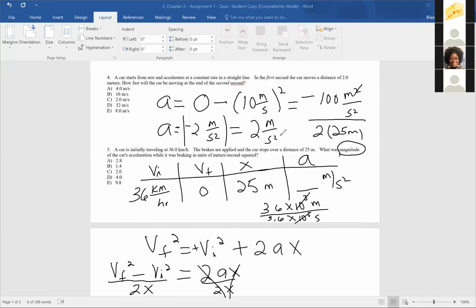Okay? So this car is decelerating at 2 meters per second every second. So now I'm going to go right here. The car is moving at 10 meters per second. What's happening is this. Every second it is getting slower by 2 meters per second.